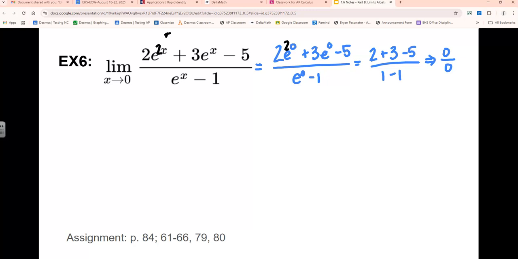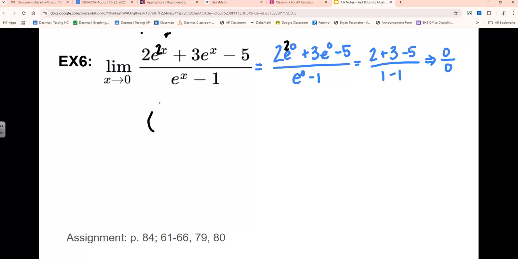I can factor. What's it going to look like if I factor it? Yeah, so it's like having 2x squared plus 3x minus 5, but instead of an x squared, you've got an e to the x squared.